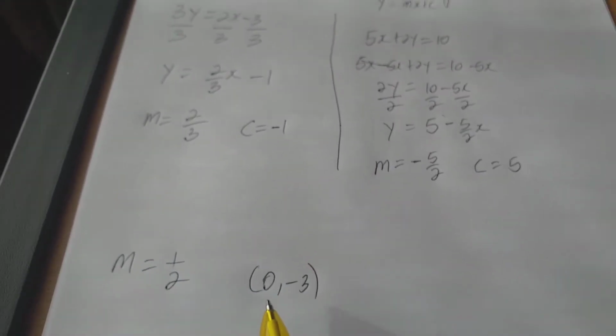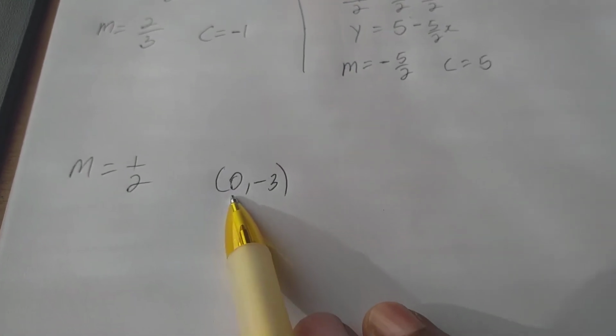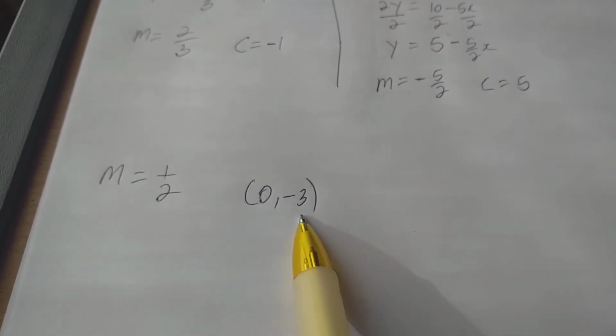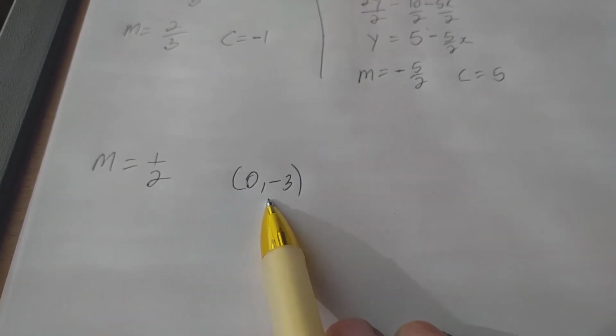How do I know that it's on the y-axis? If the x value is 0, the point is on the y-axis. And if the y value is 0, the point is on the x-axis.